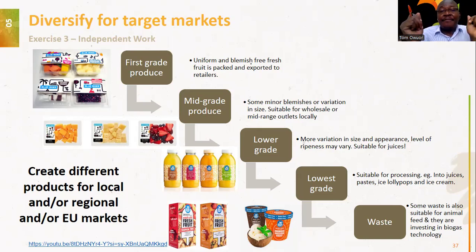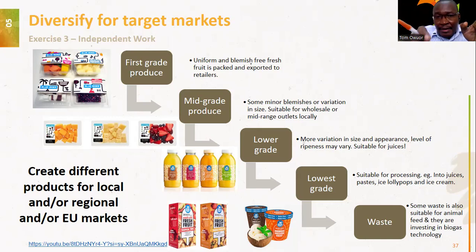The lower grade of mangoes is used to process juice. The lowest grade can still be used for juices, but the waste, on a number of occasions, can be used as animal feed or in biogas technology.